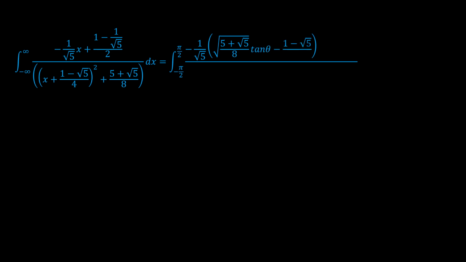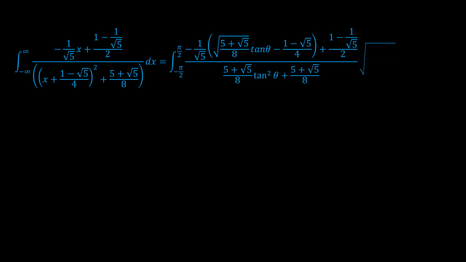The integral in x domain can now be transformed into the theta domain. So in place of x, we can substitute the square root of 5 plus root 5 over 8 tan theta minus 1 minus root 5 over 4.